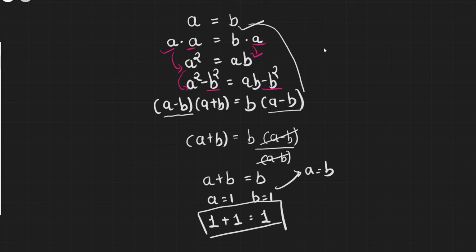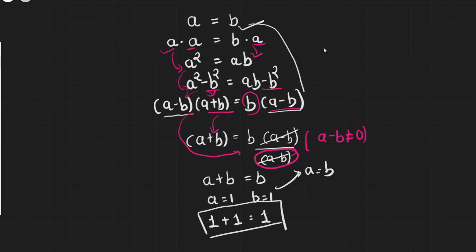Now the next step is I factorize this one by A minus B, A plus B, and here I have taken B common, and what remains is A minus B. There is something wrong here. What is wrong here? That I have divided by A minus B. Whenever we divide, we assume that our denominator should not become 0.